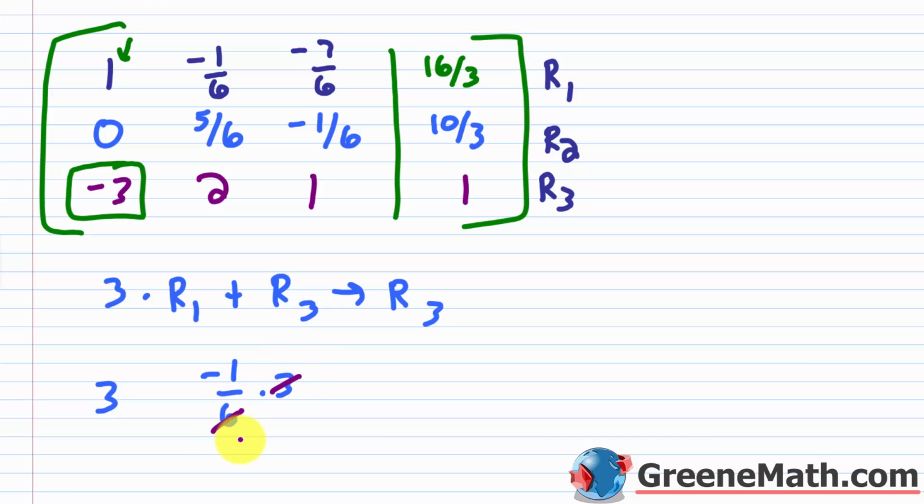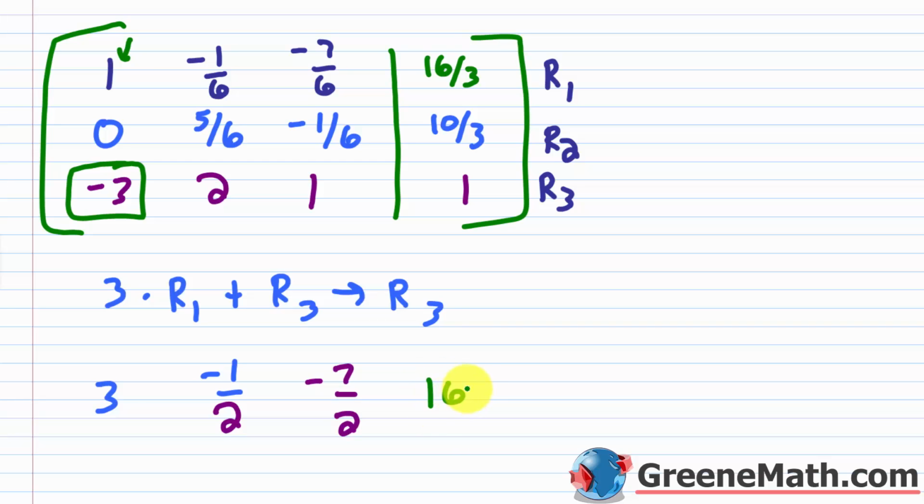This will cancel with this and give me a 2. So this is -1/2. And then -7/6 times 3 is what? This cancels with this and gives me a 2. So this is -7/2. And then you have 16/3 times 3. The 3's are going to cancel, and I have 16.